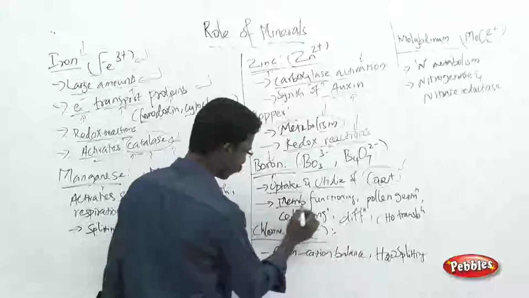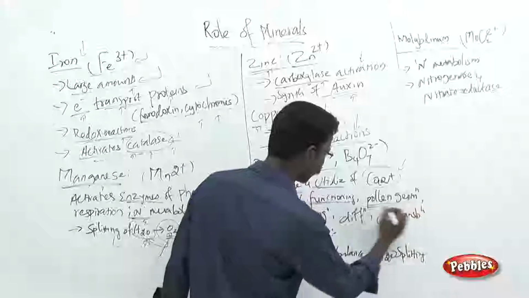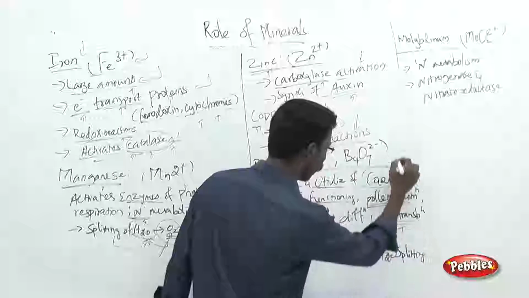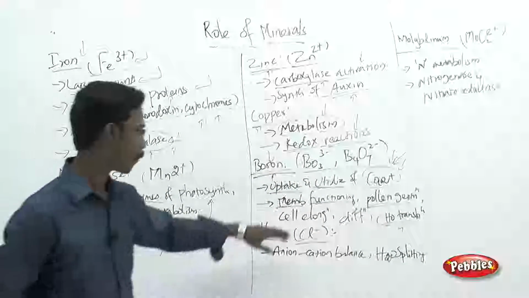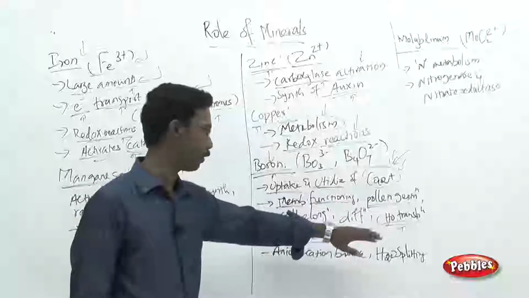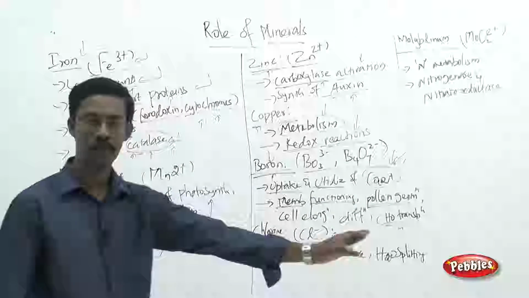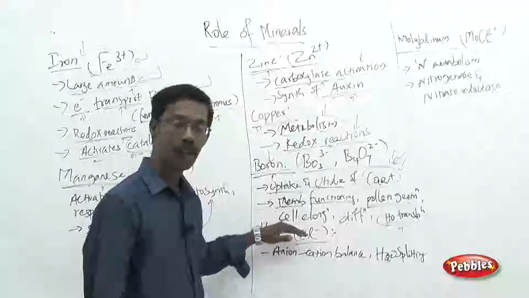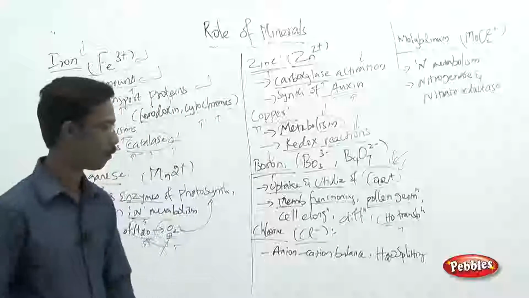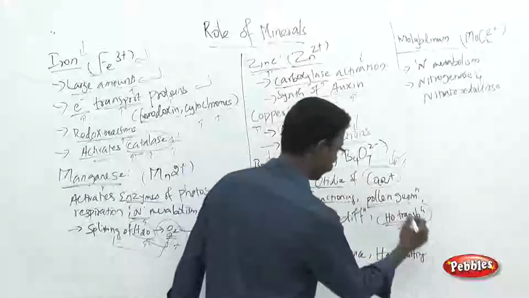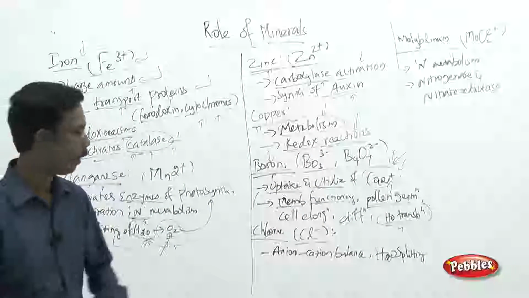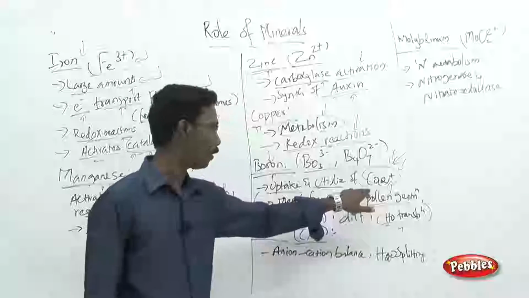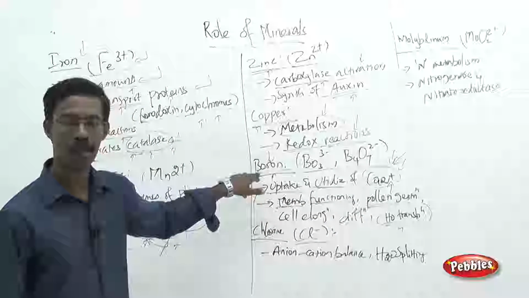So they participate along with the calcium in membrane functioning, pollen germination, carbohydrate translocation from one place to another, cell elongation and cell differentiation. All these functions are carried out by the calcium ion concentration within the cell, and the calcium utilization is by means of boron availability.